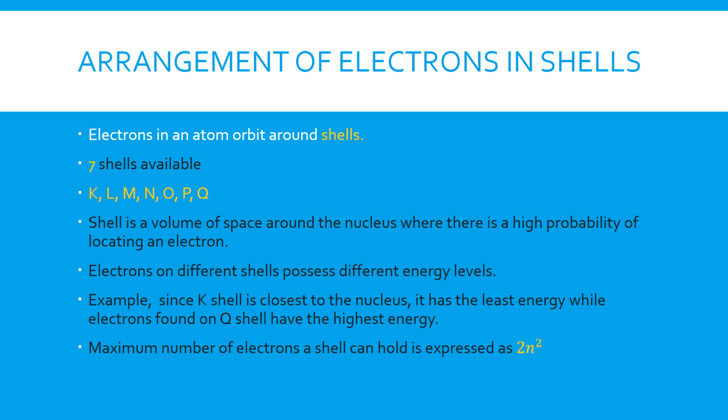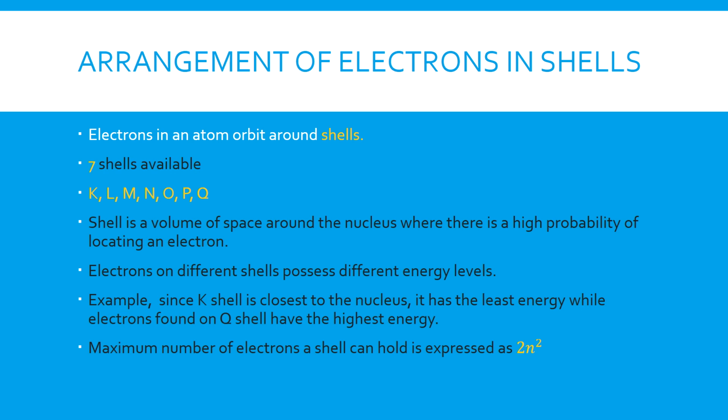Now, since the K shell is closest to the nucleus, we have explained that there is a formula. The maximum number of electrons a shell can hold is expressed as 2n squared, where n is the principal quantum number. You'll be learning about quantum numbers, I believe, in physics.